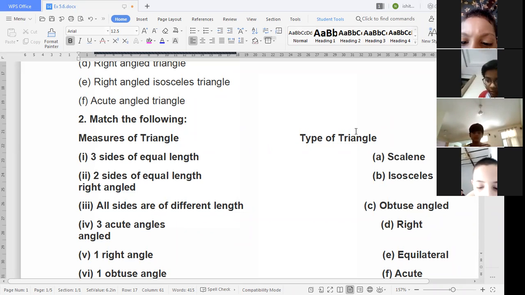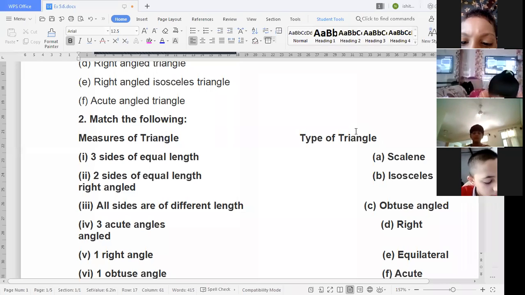Yes, Madhav, you can write the answer in the chat box. No, beta, Shubhatre, no. No, equilateral not. Three acute angles means it is an acute angled triangle. Okay, Madhav, you are correct. Got it, Naman? It is an acute angled triangle.